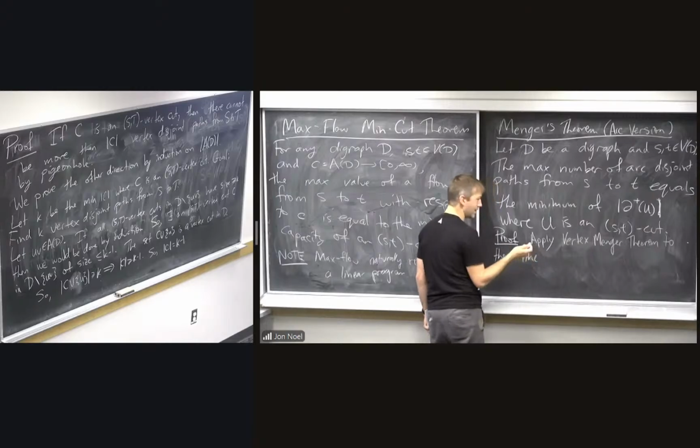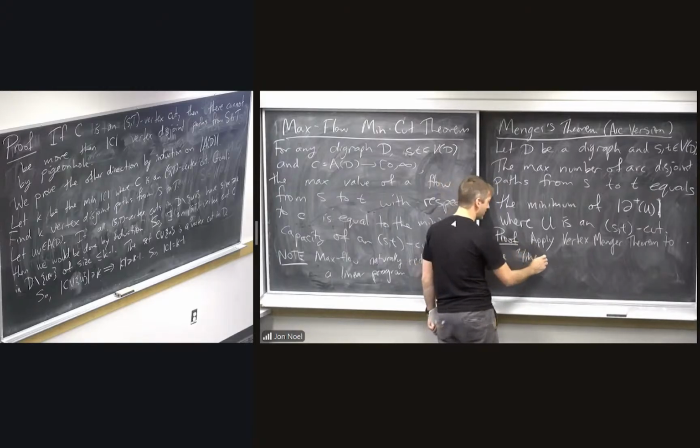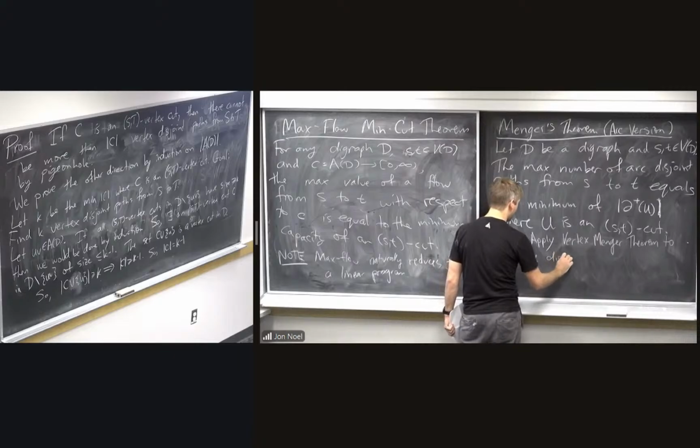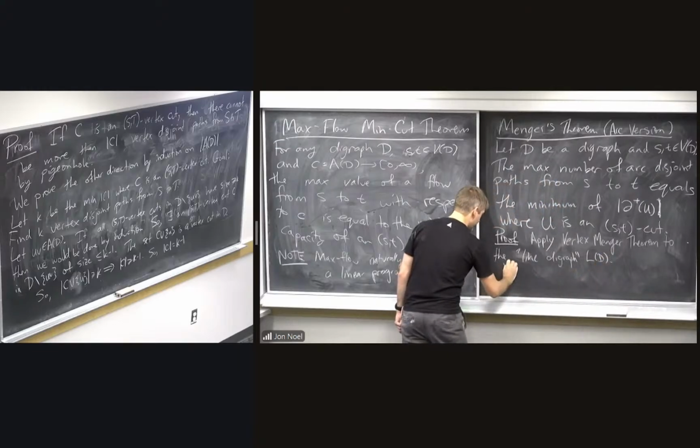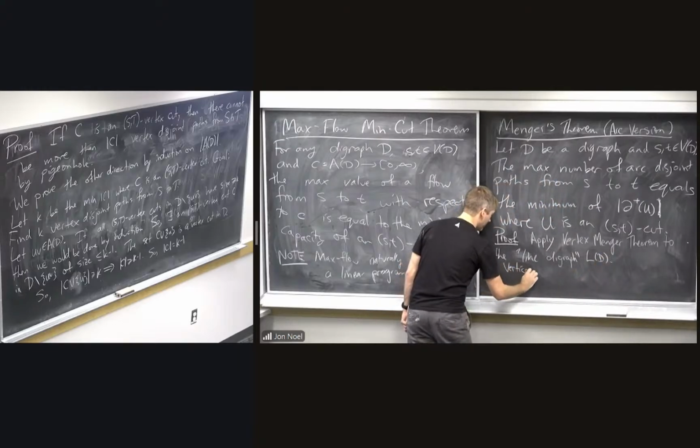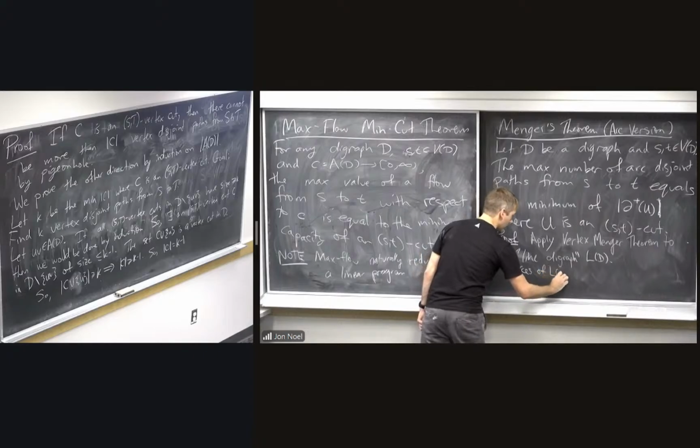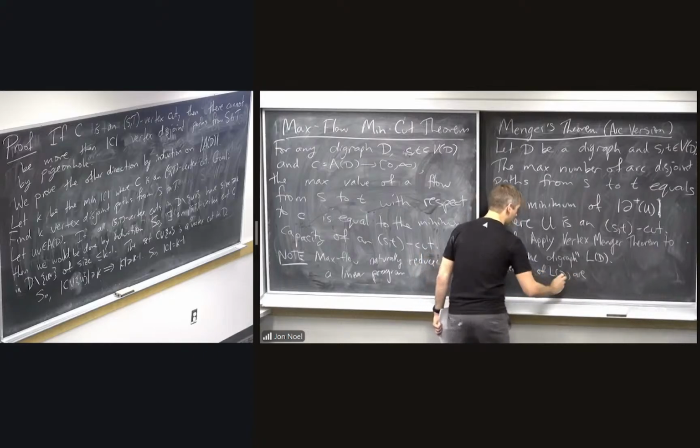If you've seen line graphs in graph theory, you can have a line digraph of a graph. So the vertices of the line digraph are the arcs of D.